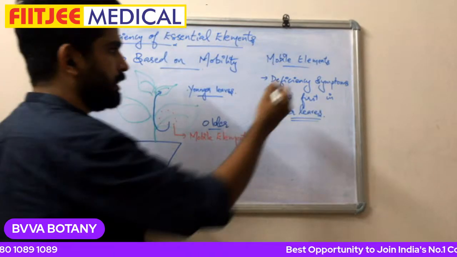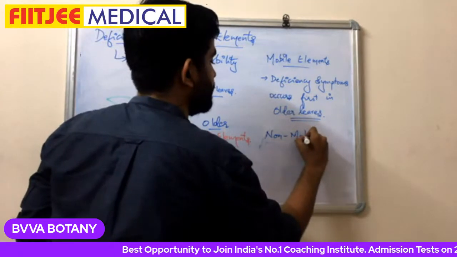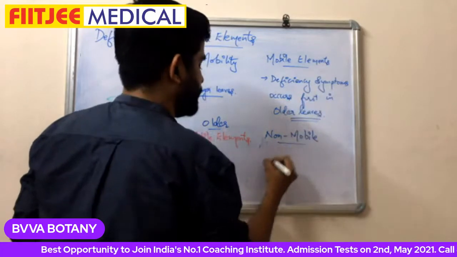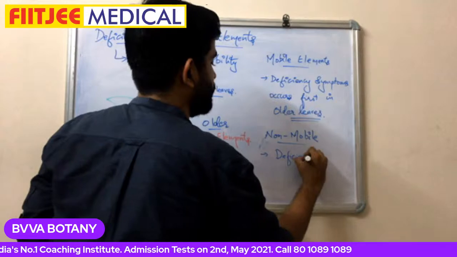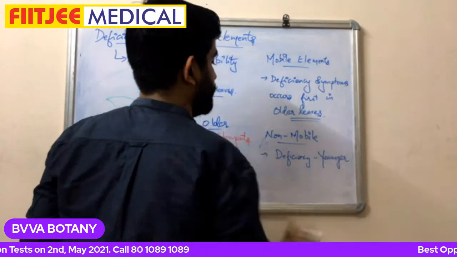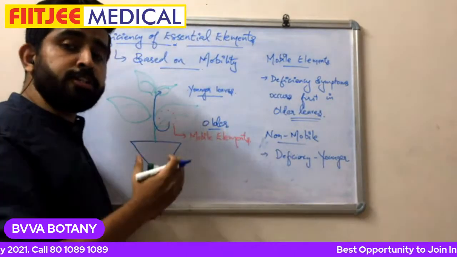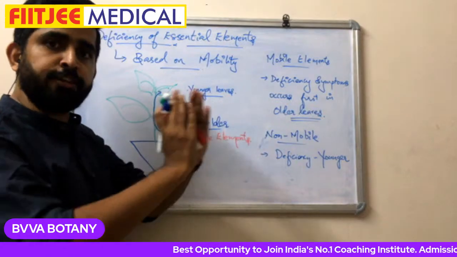Now in case of a non-mobile element, this is opposite. The deficiency symptom first occurs in the younger leaf, because younger leaves are going to be a part of structure. It's a forming stage. It has not formed yet.